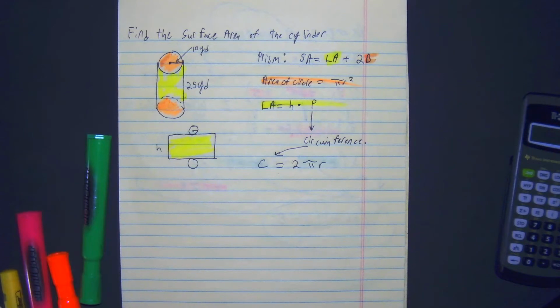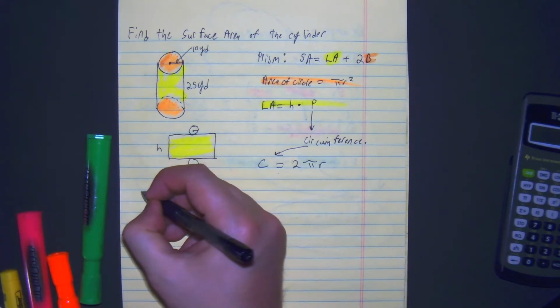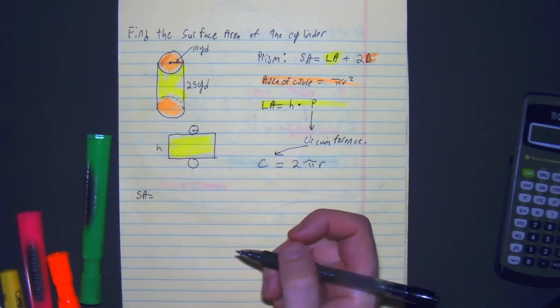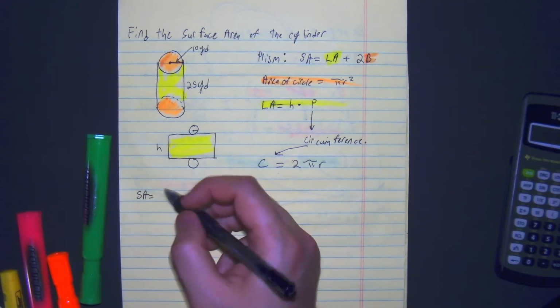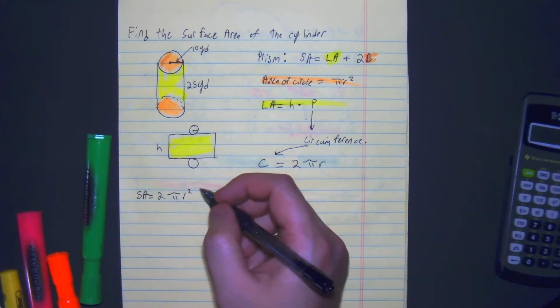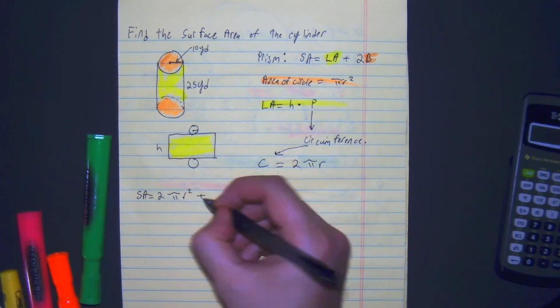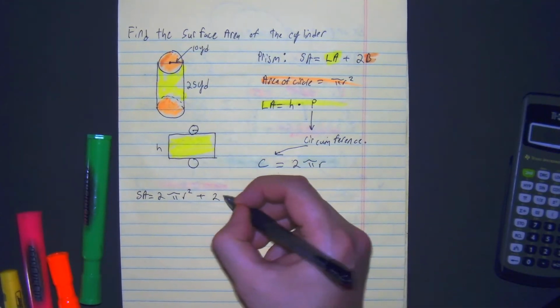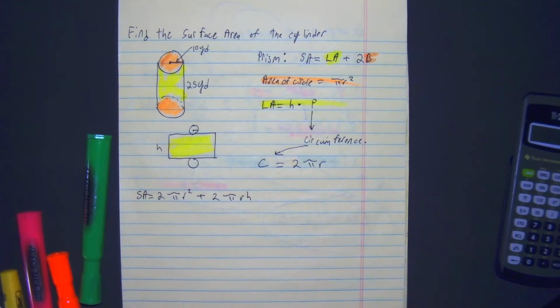Alright, so the surface area is equal to 2 pi r squared for the base, plus 2 pi r h. So we're just going to plug in what we know and go from there.